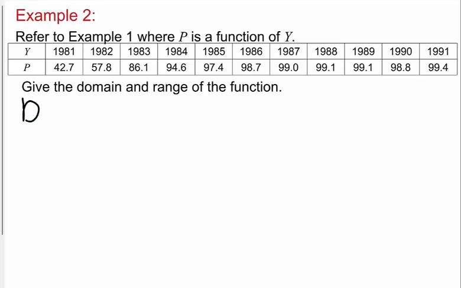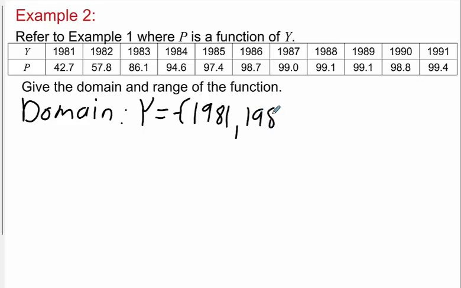So therefore our domain, and we can say it using set notation. If you don't remember set notation, you take a variable, y is our set, and we put it in these braces, and we separate things by commas. So the domain is 1981, 1982, 1983, 1984, 1985.